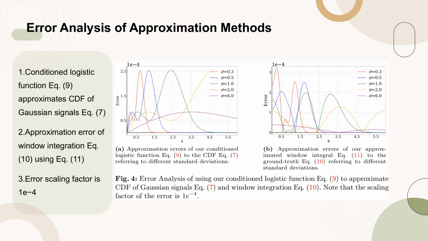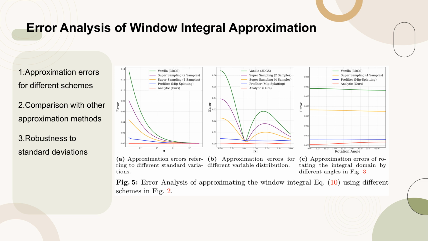LPIPS. Figure 4 presents an error analysis of using our conditioned logistic function, EQ 9, to approximate the cumulative distribution function, CDF, of Gaussian signals as defined in EQ 7, and the window integration as described in EQ 10.